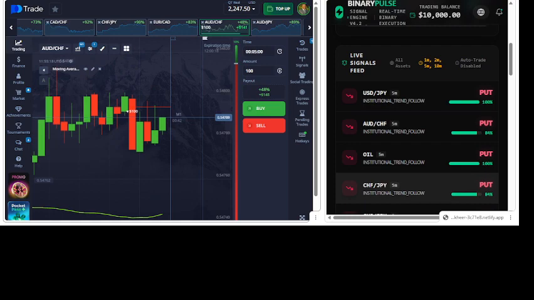Okay, so we have about 30 seconds left in the trade. We're going to watch and wait for the expiry of the Aussie dollar Swiss franc trade here.